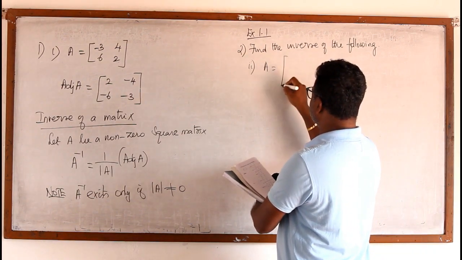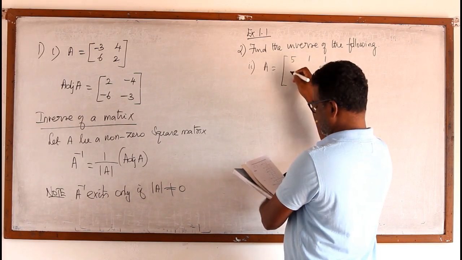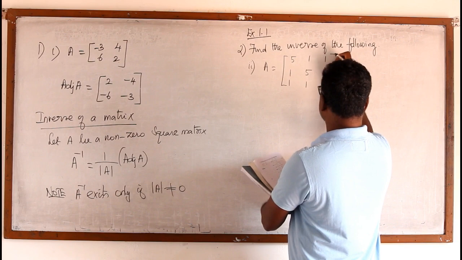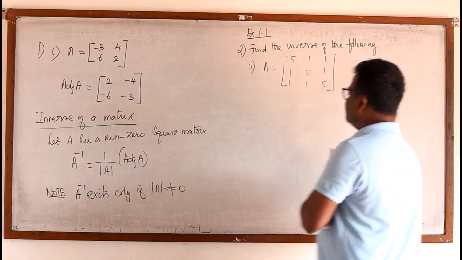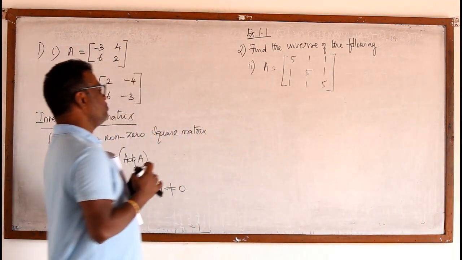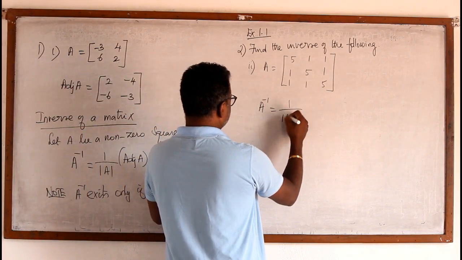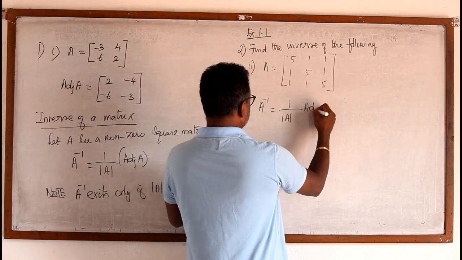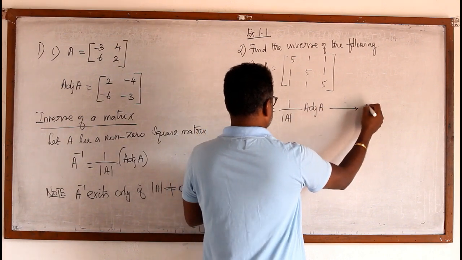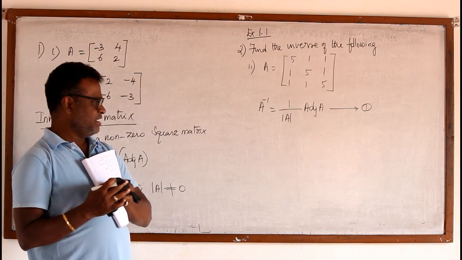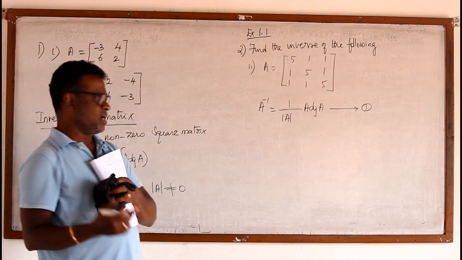A equal to 5 1 1, 1 5 1, 1 1 5. So I have to find the inverse. The inverse formula is A inverse equal to 1 by determinant of A into adjoint of A. So first we shall find the determinant of A and ensure whether it is becoming 0 or not.